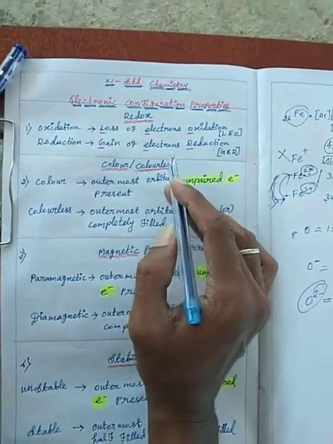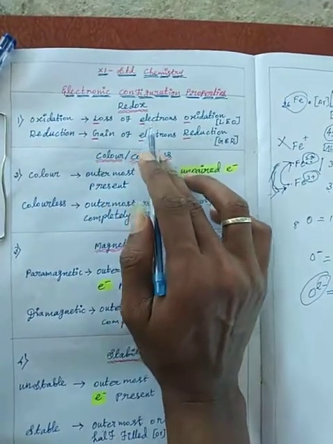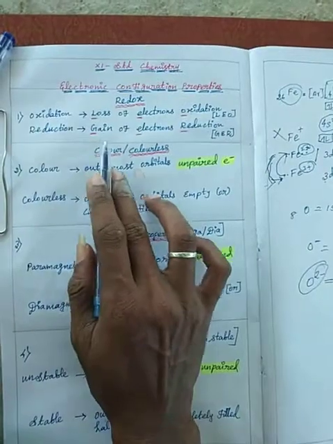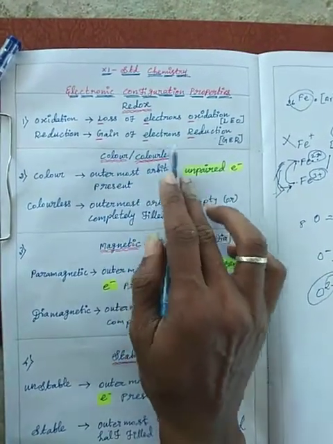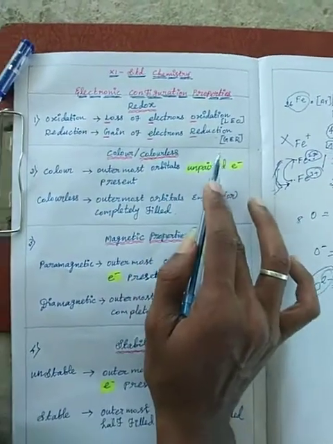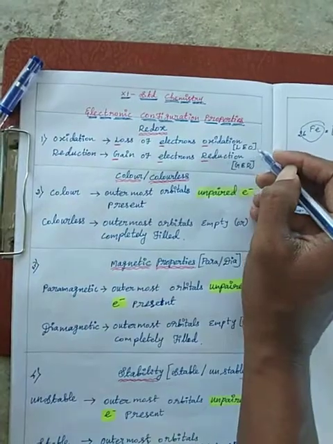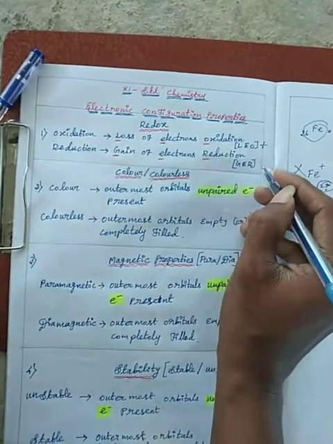It is in the 10th standard book, and it is a trick: loss of electrons is oxidation, LEO, and gain of electrons is reduction, GER. These are just clue words. Loss of electrons, oxidation, means plus; gain of electrons, reduction, means negative.